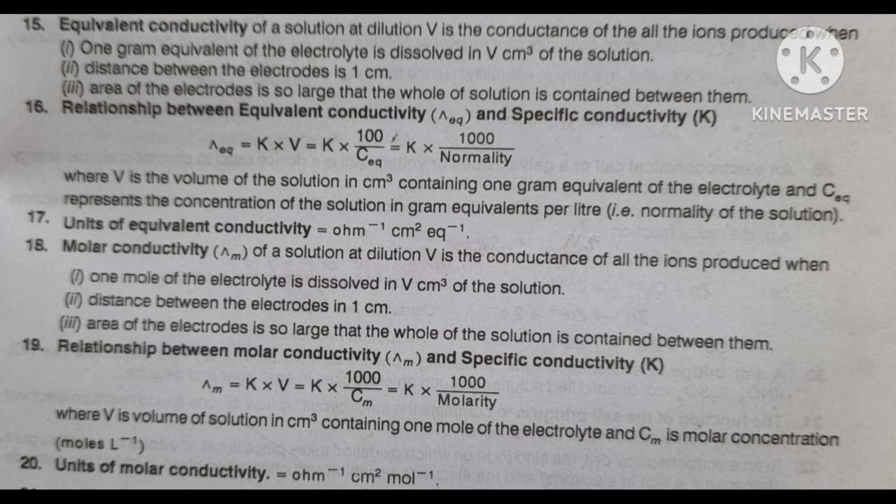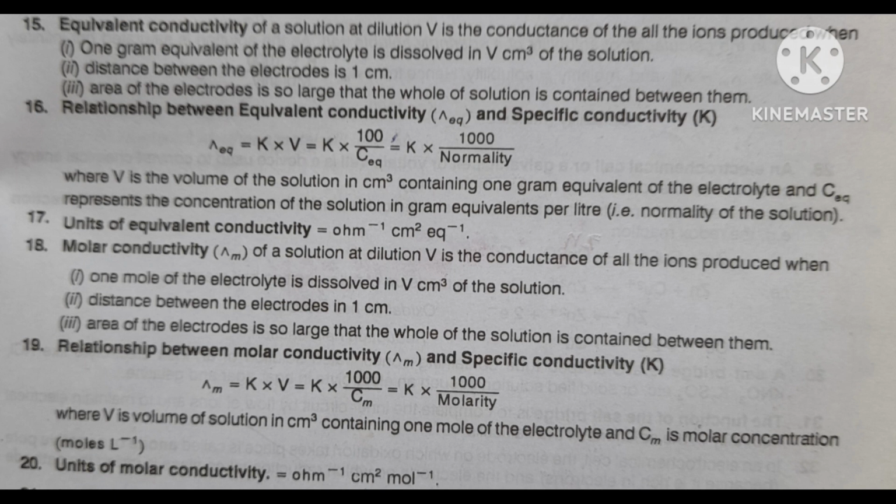Now further, you can see K is equal to C into L upon A. For a particular conductivity cell, the L upon A value I already discussed is called cell constant.